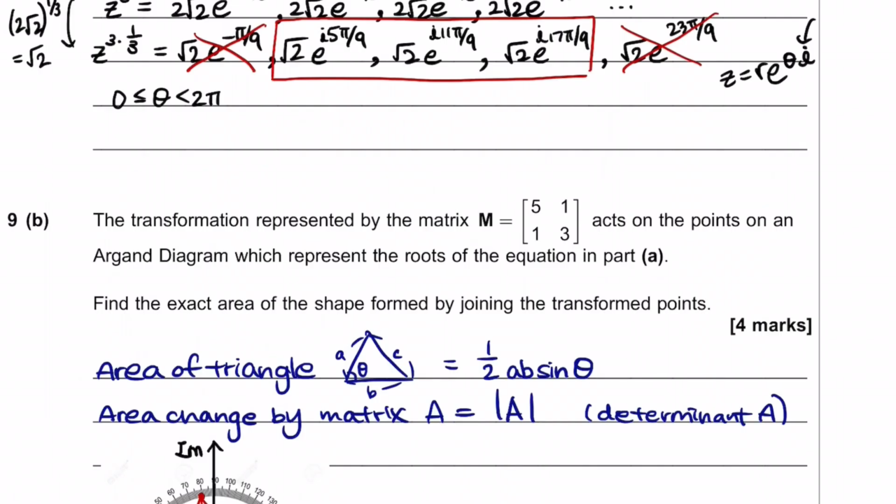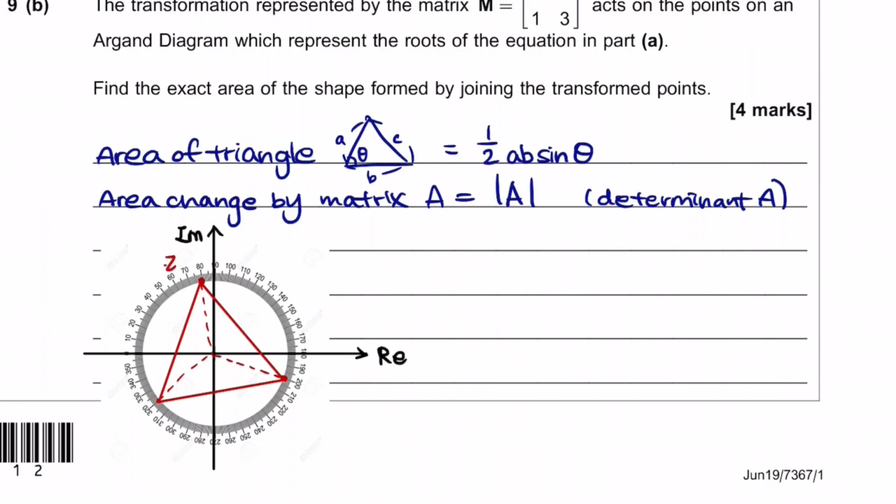So let's say our three roots we found in the previous section are z1, z2, and z3. All roots have r, which is a length from origin to the root, equal to root 2. So they are in one circular position, z1, z2, and z3, like this.